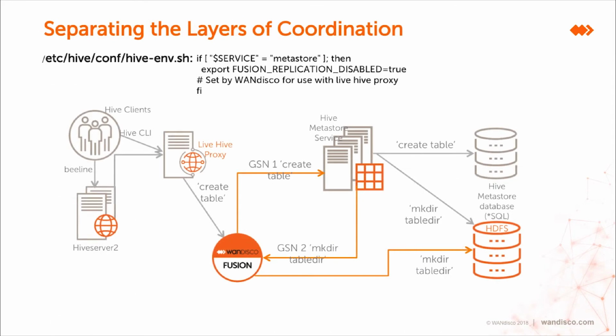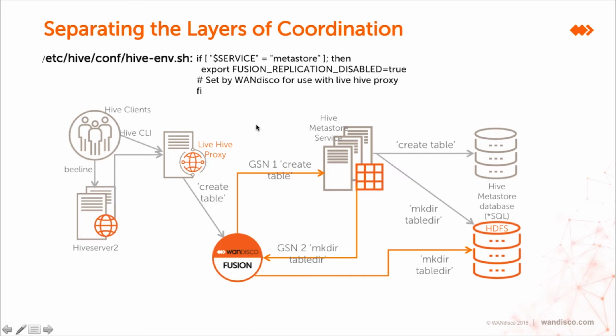Separating layers of coordination. Because Fusion has to coordinate the metastore and make directories for the tables in HDFS, layers of coordination are needed. This is in the /etc/hive/conf/hive-env.sh, and you could see that there's an if statement that says if the service is metastore, then export Fusion replicated disabled true.